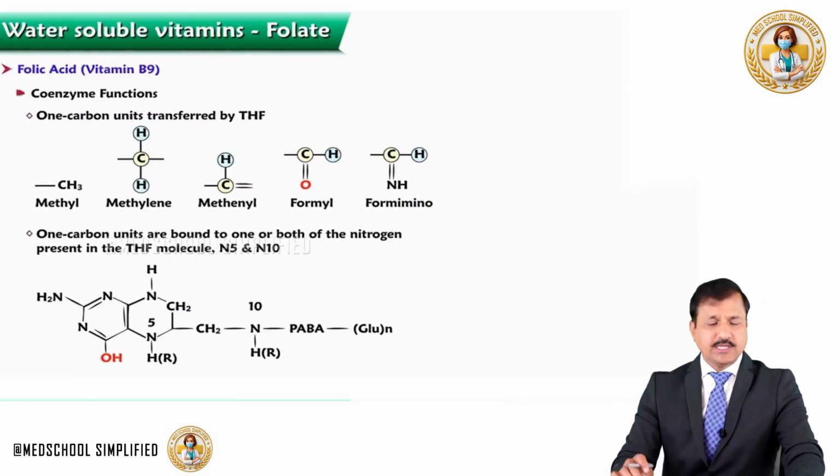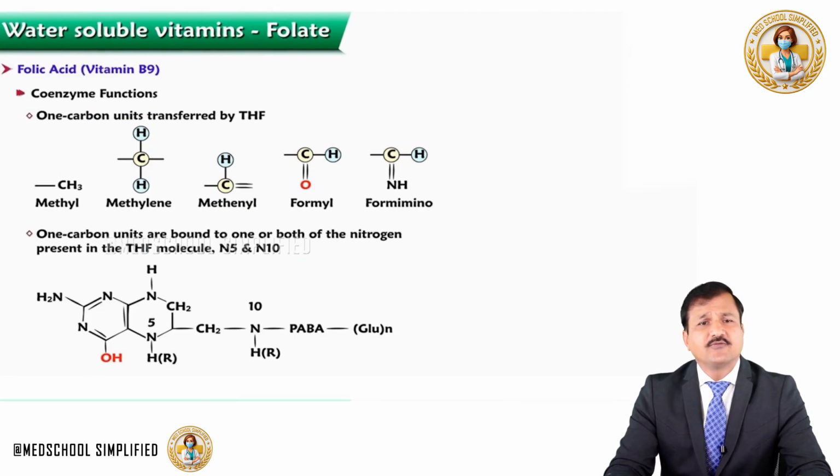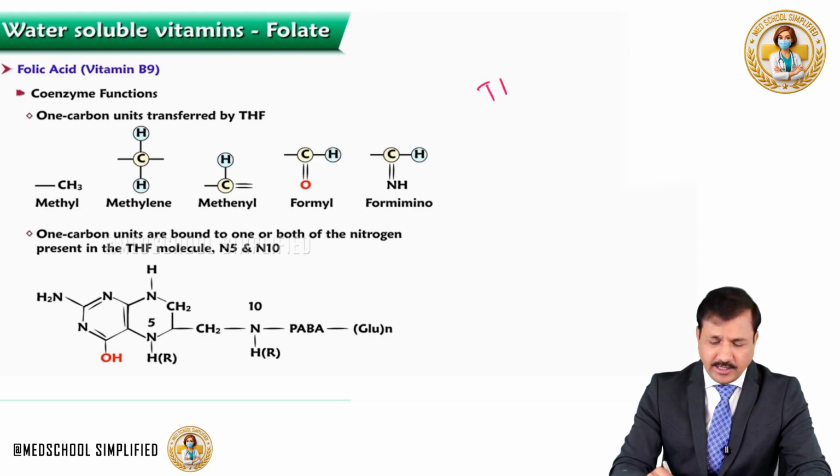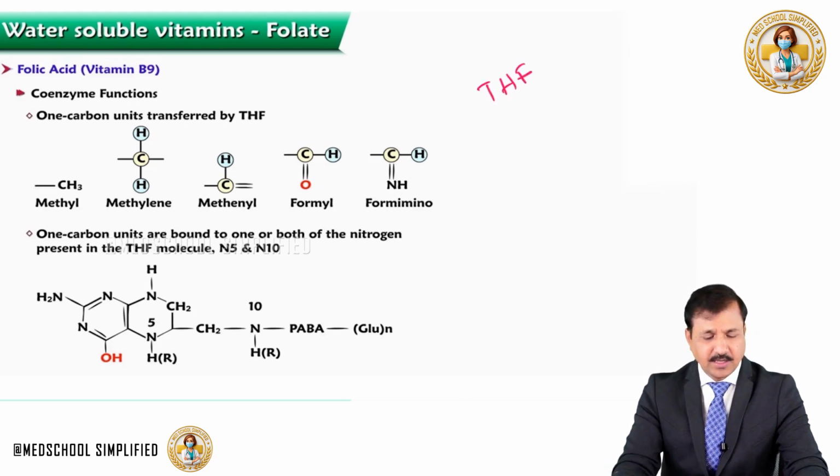Now let's move on to see the different coenzyme forms of folic acid. The active form of folic acid is tetrahydrofolate, written as THF, and this tetrahydrofolate can carry different 1 carbon units.